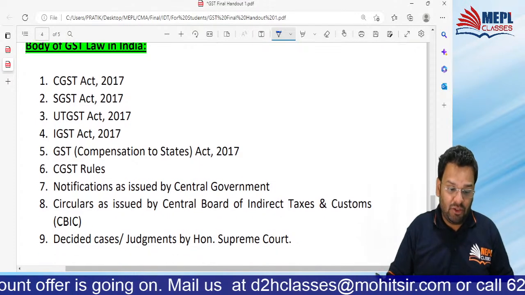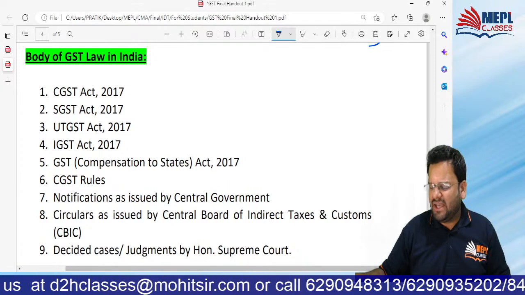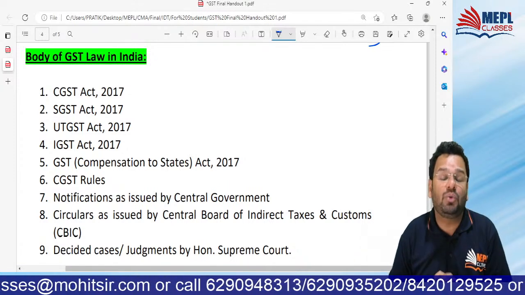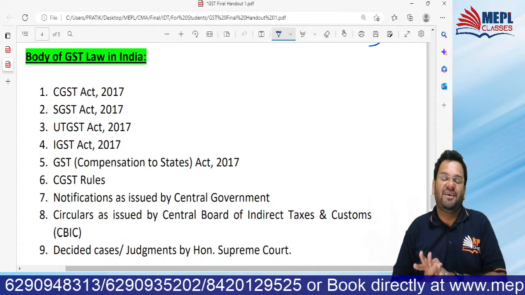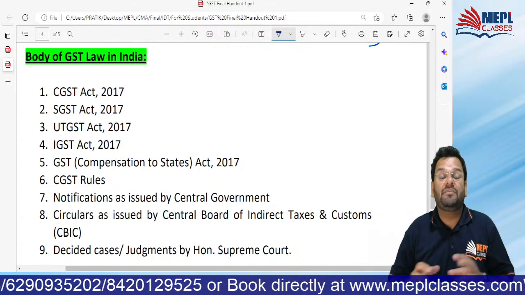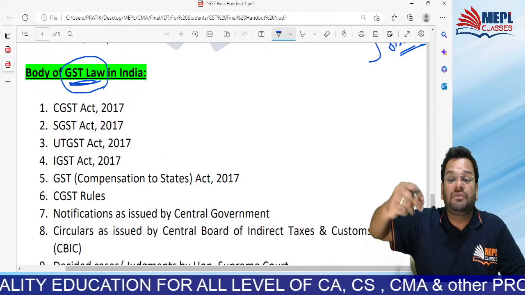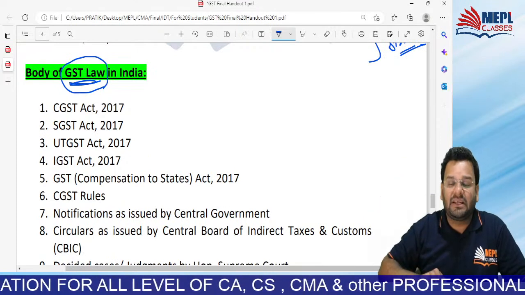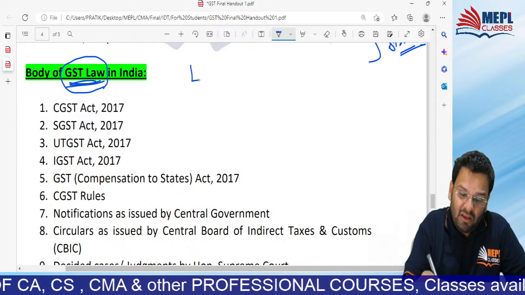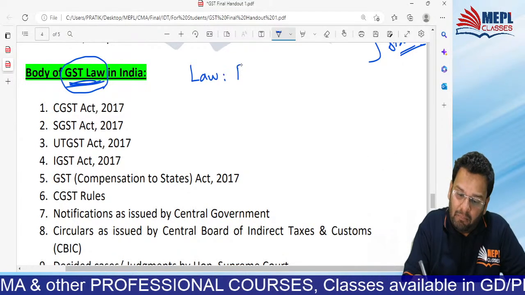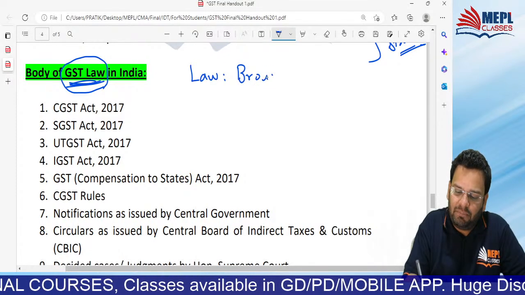Now we are going to a very critical thing. For any student, it's very important to understand the body of the law being studied. For example, now you are studying GST, so we should know GST law, the different acts, and different sources to understand GST law. Law is a broad concept.